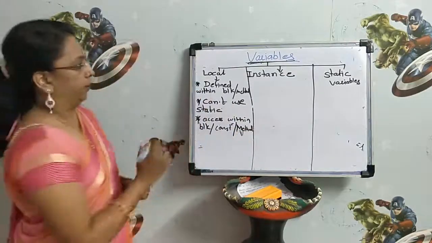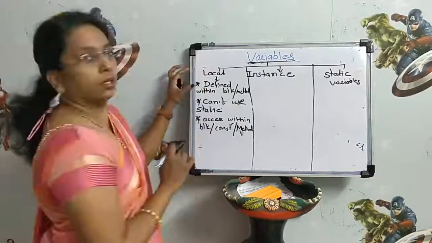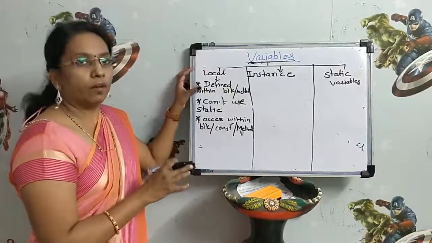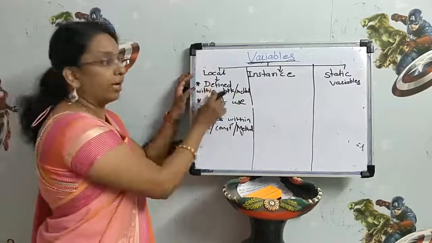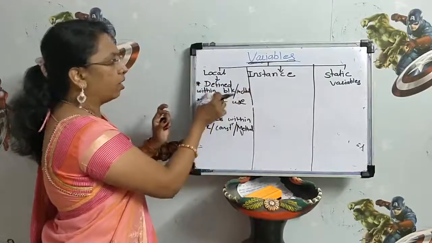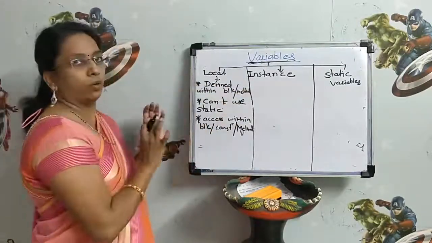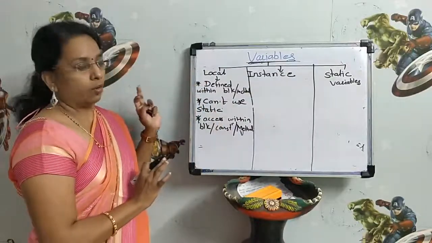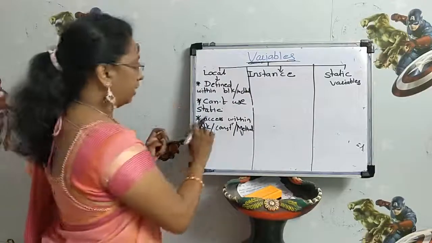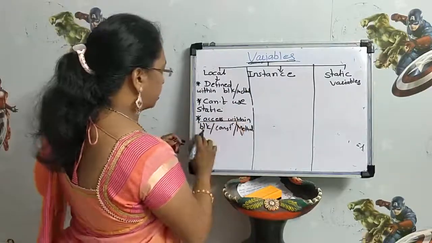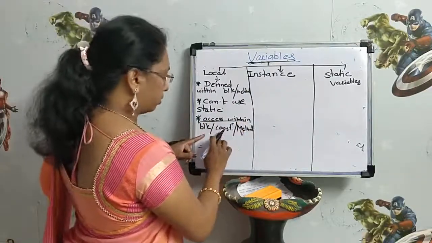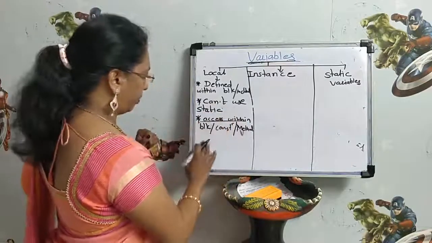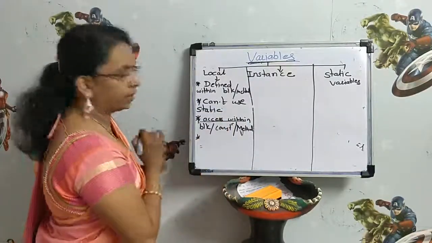First, just try to understand: local variables are the variables which are defined within a block, method, or constructor. These are called local. We cannot define the static keyword with local variables, and these variables are accessed within the block, constructor, or method.